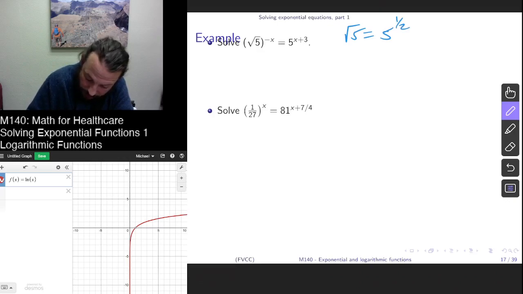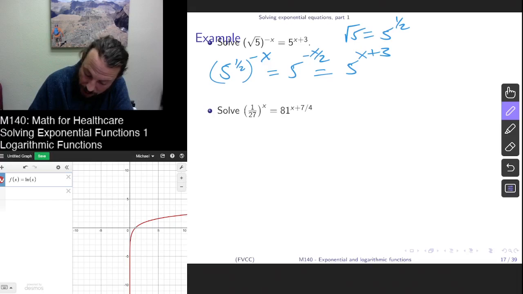So we have 5 to the 1/2, all raised to the negative x. What do we do with exponents? We multiply them. So this is equal to 5 to the negative x over 2. And on the other side of our equation, this is equal to 5 to the x plus 3. So now we're in the same base.